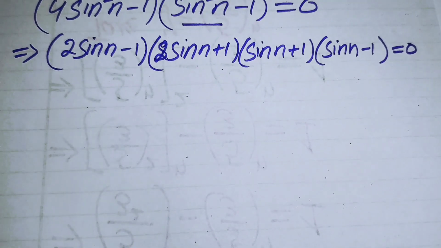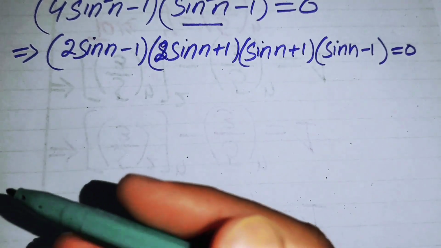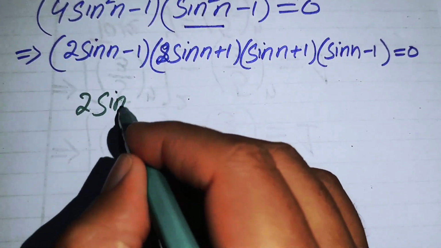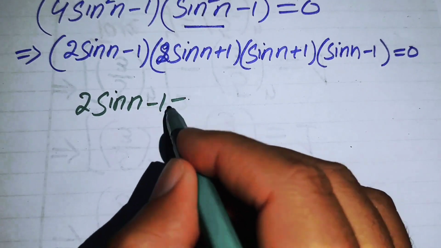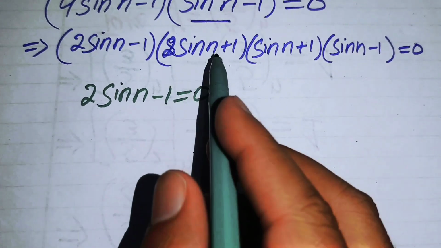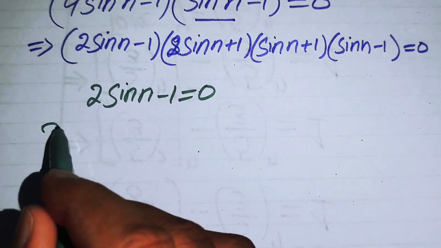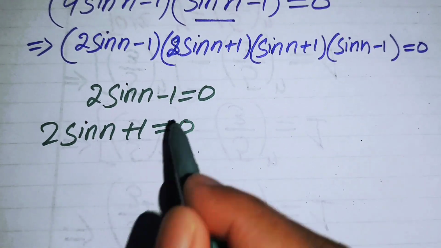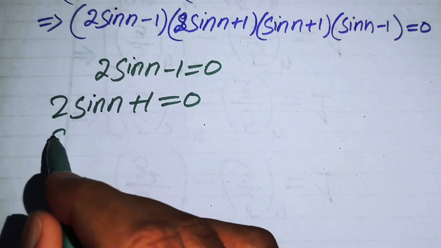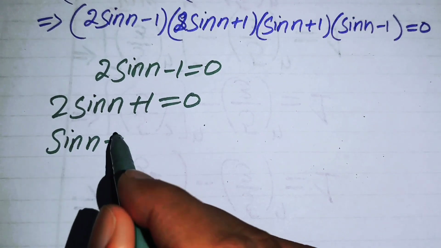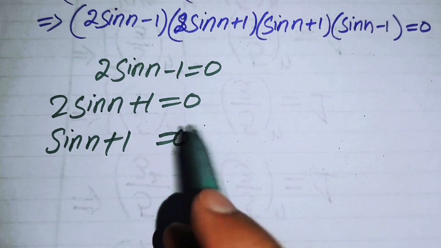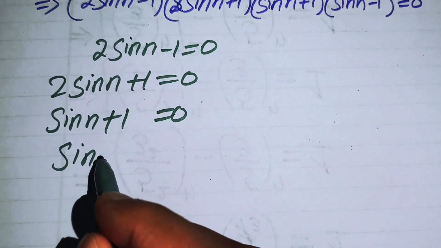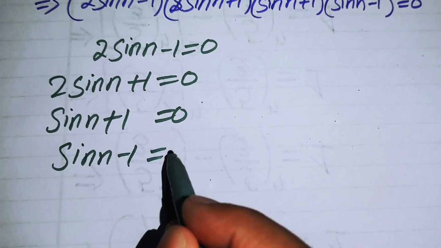So here we have these four factors: 2 sine n minus 1 equals 0, 2 sine of n plus 1 equals 0, our third factor sine of n plus 1 equals 0, and our fourth factor sine of n minus 1 equals 0.